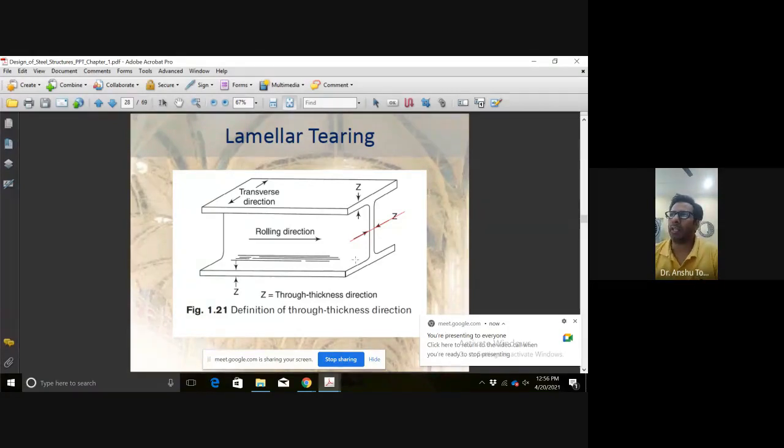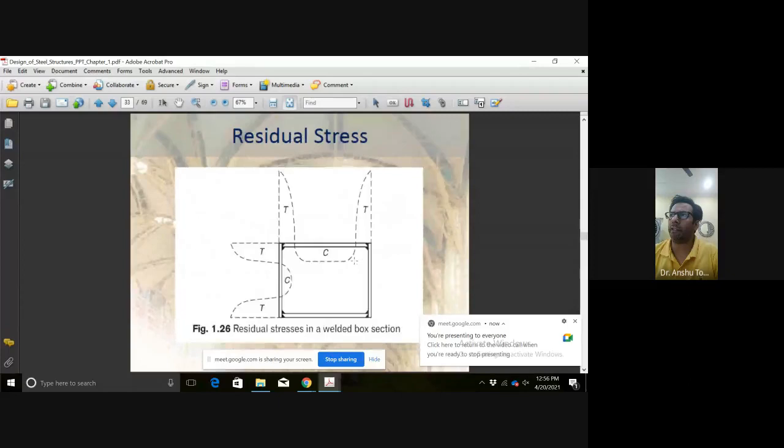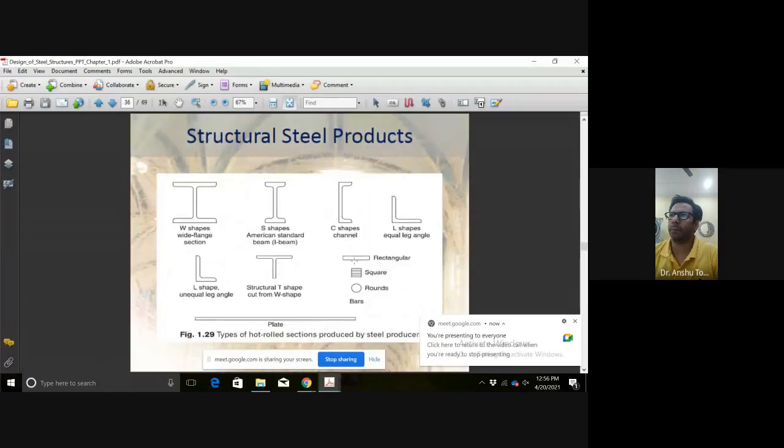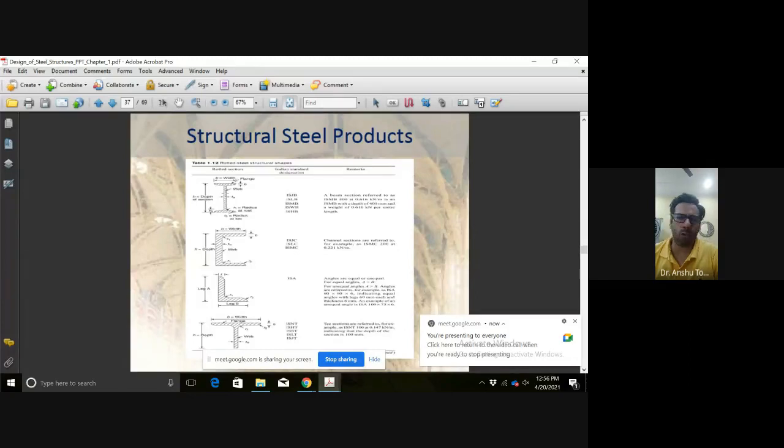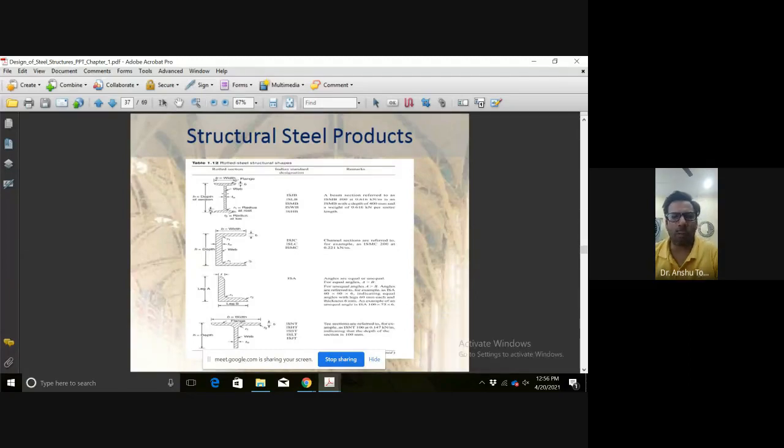But for the commercial sections where we have curvature at the ends, it is difficult to find. So in the steel handbook, the moment of inertia and the section modulus are given.